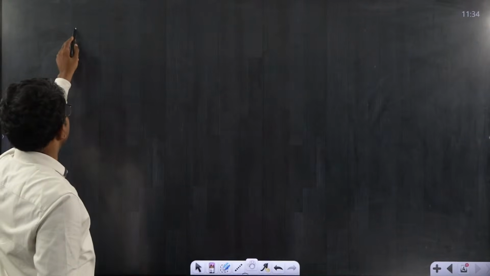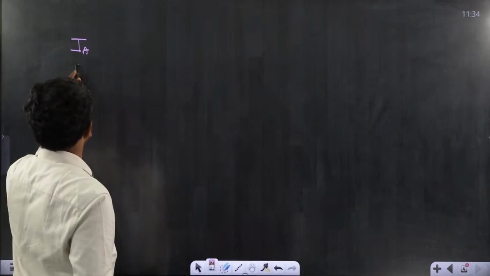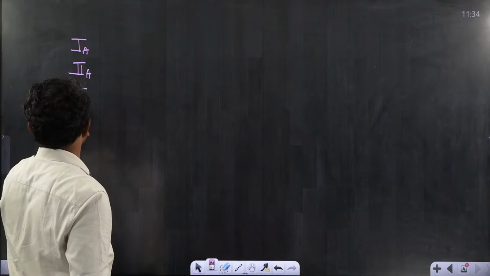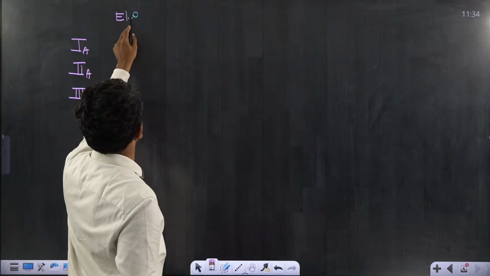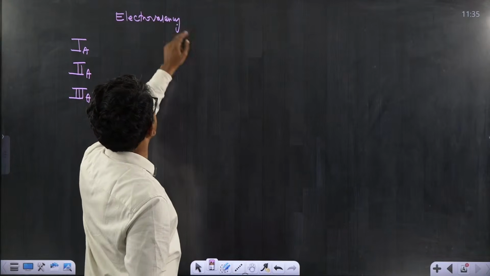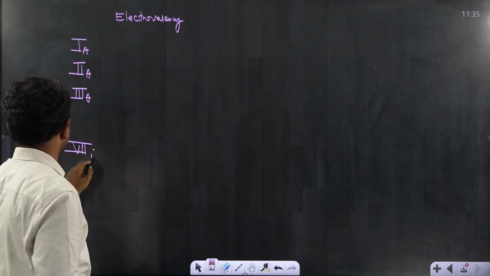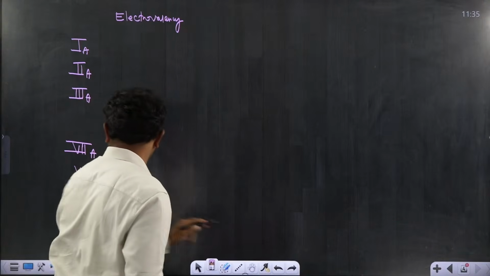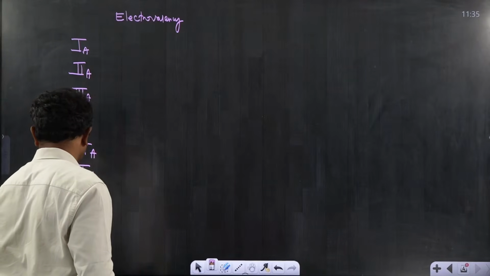Here I am writing first group elements, 1A, 2A and 3A, and here I am writing electrovalency. If I am talking about 17th group elements, 7A, and 16th group elements, 6A, you can also write with the latest IUPAC convention.